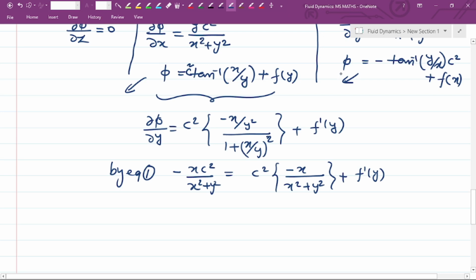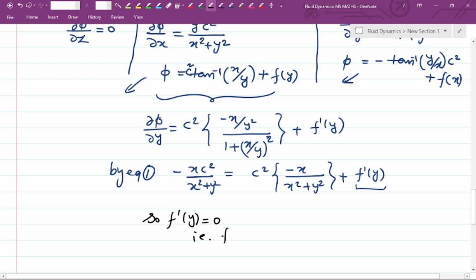The potential function should be unique, found by comparing all the coefficients of i cap, j cap and k cap. But in this case the extra term phi dash y should be 0.